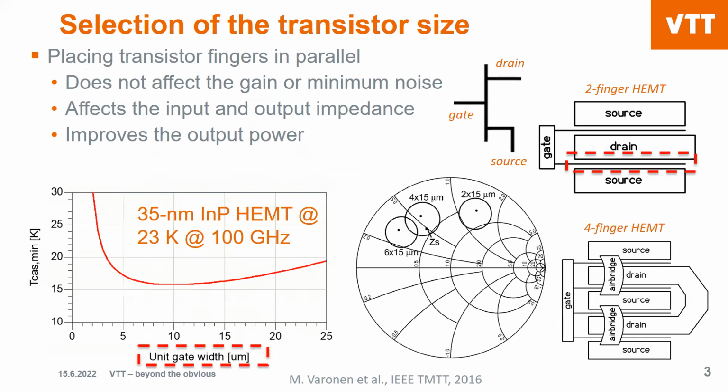So this T_cas,min, that is now the minimum noise that you can achieve when you put infinite numbers of these transistors, amplifiers, in cascade.